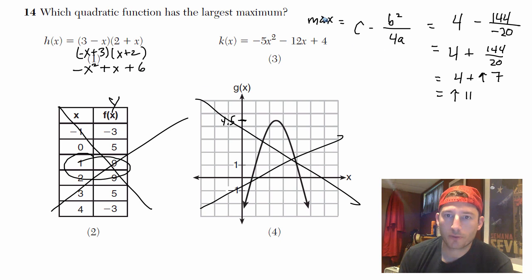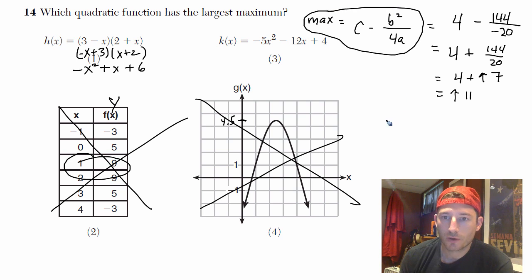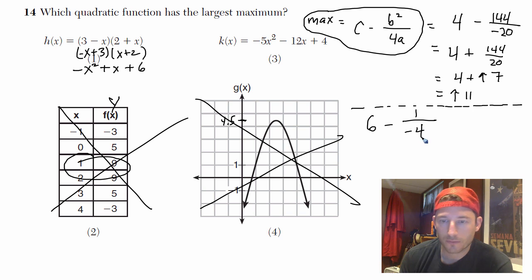So now let's use our formula here that we used before for the other one. I'll just put a dotted line here so we know we're doing the other one. C is 6 minus b squared, which is 1 squared, all over 4a, negative 4.